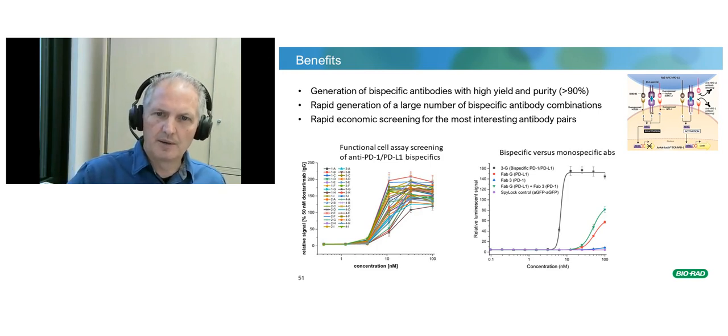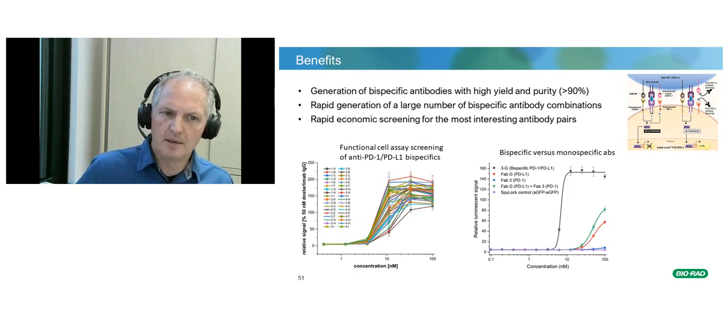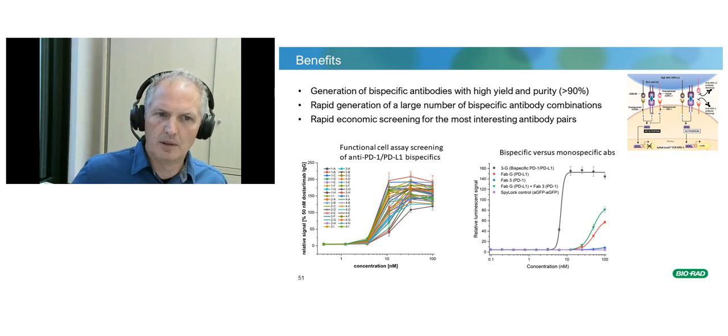And if the interaction is inhibited, then we see an improved immune system, or in this assay, we see that luciferase is expressed by the PD-1 overexpressing cells, and that gives the signal here.